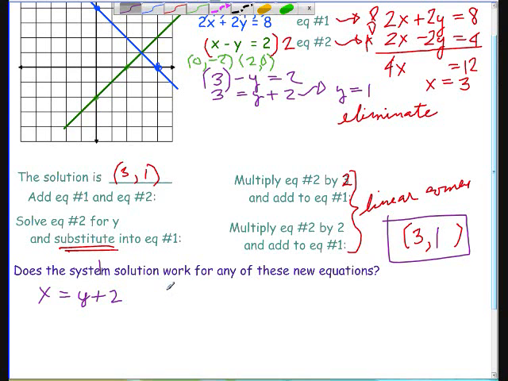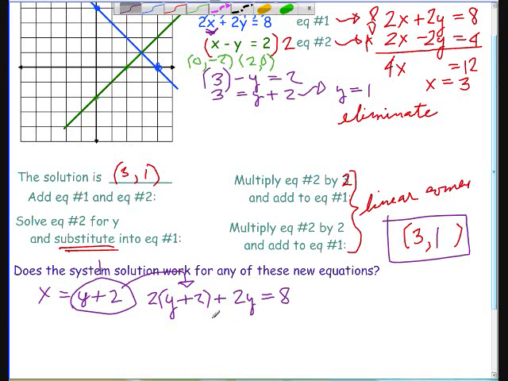Equation number 1, my x is multiplied by 2 right here. Okay, let's talk about x. 2 times x plus 2 times y equals 8. And this is equal to x, so I'm going to put it in here.